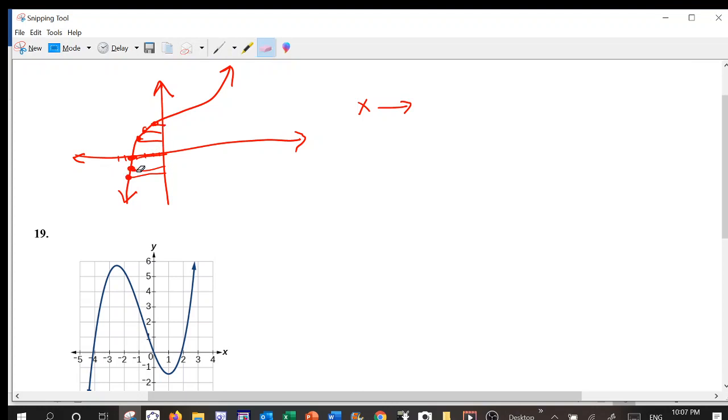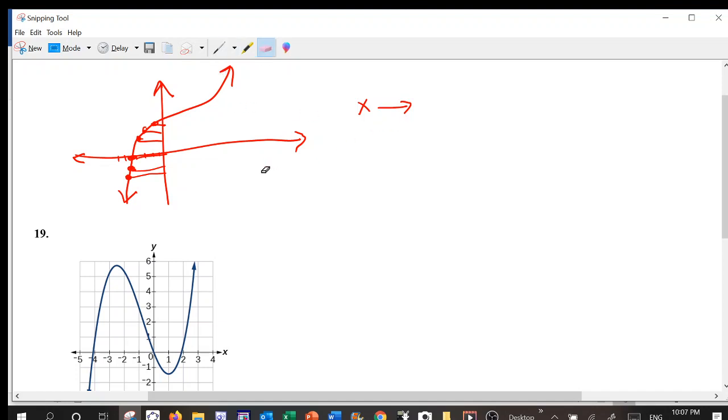As the x coordinates get bigger and bigger, y coordinates get bigger and bigger. If that happens, we say the function is increasing, right? So in this case, I redrew the function as a function that is always increasing.